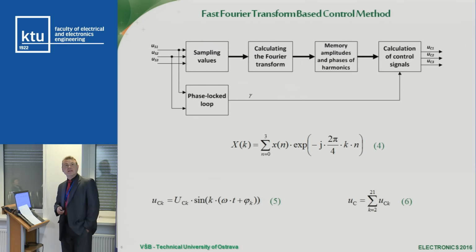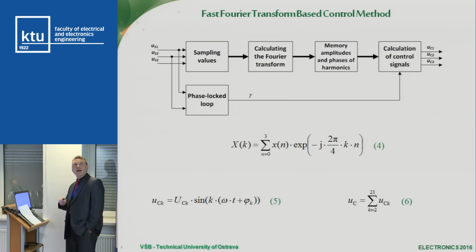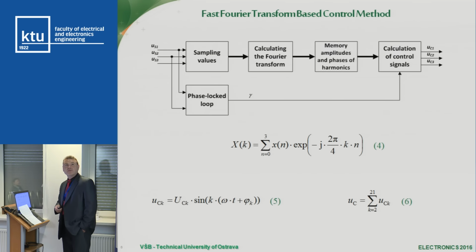The second method is the fast Fourier transform method. We sample some values and calculate the Fourier transform. We calculate these amplitudes, and now we have this UC signal for the converter.